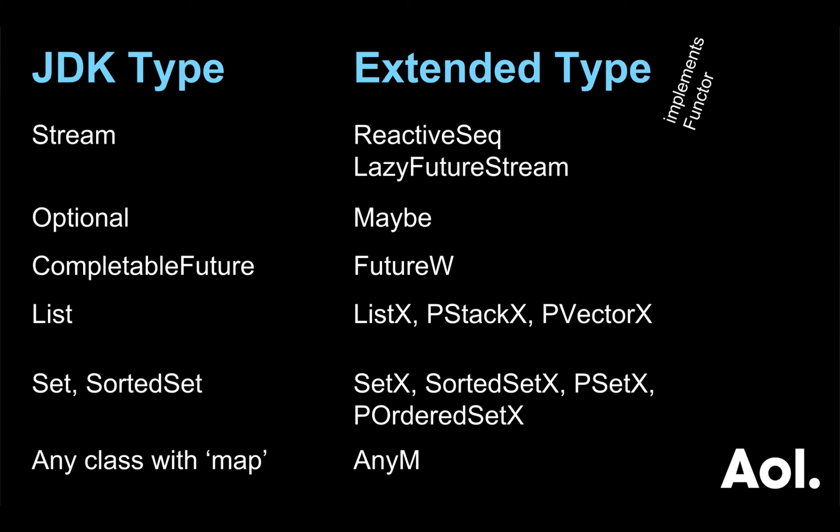So within cyclops-react, we've created these extended types for as many as possible of the various JDK types. So for stream, we've created ReactiveSeq, which is an extended stream. Now, ReactiveSeq itself not only extends JDK stream, it extends jOOλ's Seq type. So within the jOOλ library, what they've done is create this really powerful sequential stream type called Seq. The reason why they created this was that they realized stream within the JDK has quite limited functionality, and the reason why it's limited is that it has to accommodate both parallel processing and sequential processing.